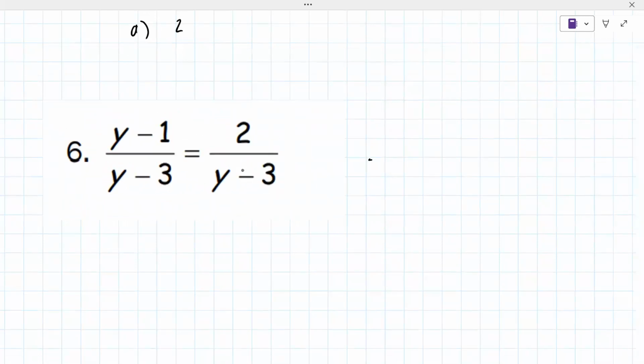So this one should say that y cannot equal 3. And this one potentially requires you to do something. There's a little trick here. What do you see when you look at something like this?